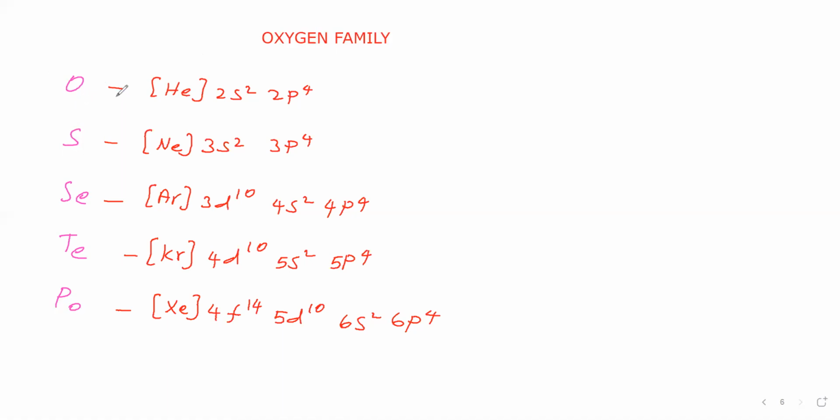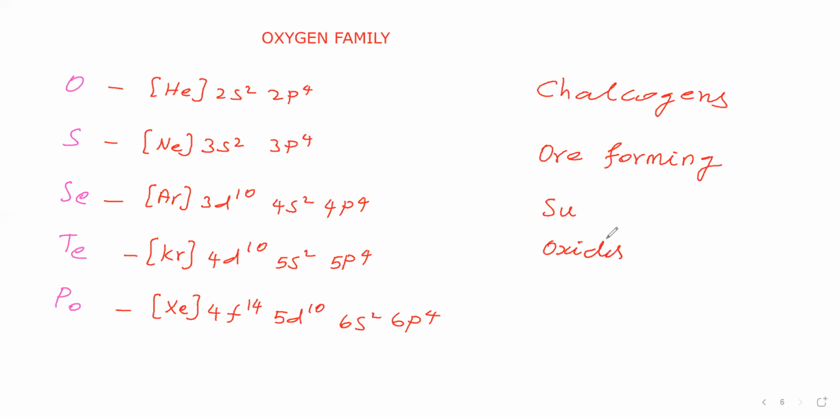Then, the oxygen family elements are called chalcogens. Why are these elements called chalcogens? Because these elements are ore forming elements. Many ores exist in the form of oxides, and many ores exist in the form of sulfides.